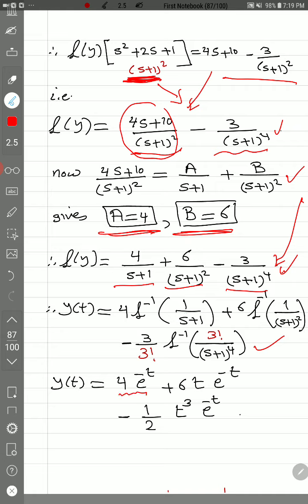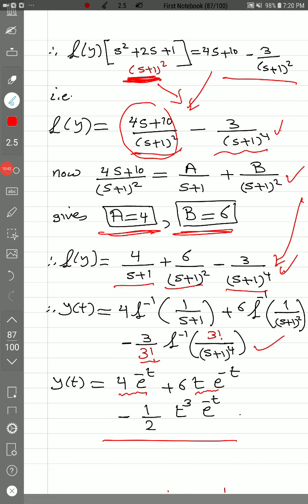The second term, again, exponential multiplied by t, because n equal 1. And the last one, n equal 3. So 3 factorial up, I multiply and I divide. So I will get t to the power 3, e to the power minus t. So this will finish this exercise.